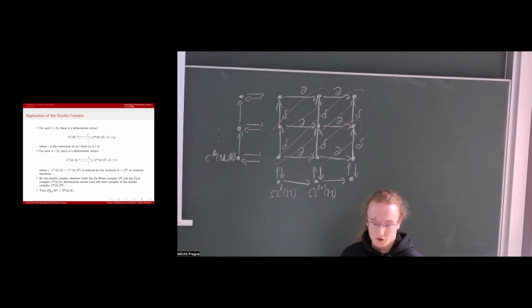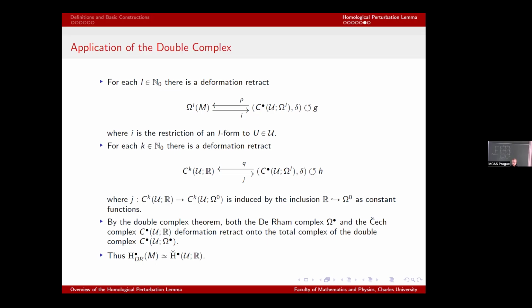And this map J is induced by considering the constant sheaf on the real numbers included in the sheaf of smooth functions as the constant functions. And then the maps Q and H can be constructed. I will not go into details.